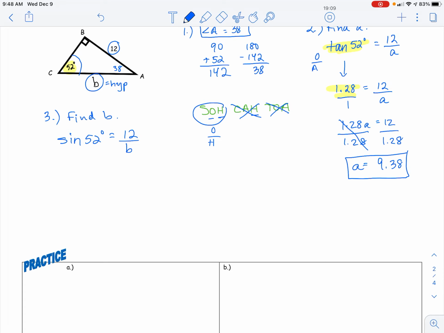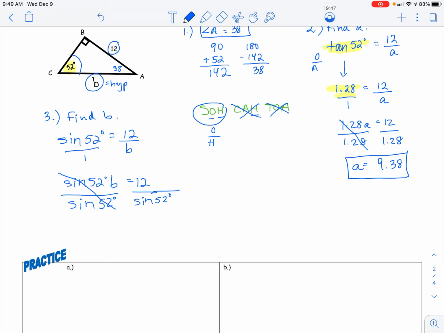So let's do sine 52B equals 12. Divide by sine 52. You could try this both ways, and you're going to get a slightly different answer. But if I keep this all as one calculation in my calculator, it gives me closer to the more accurate answer.